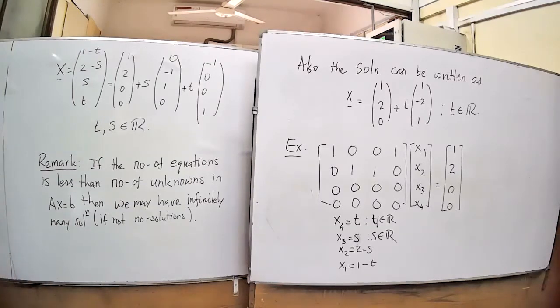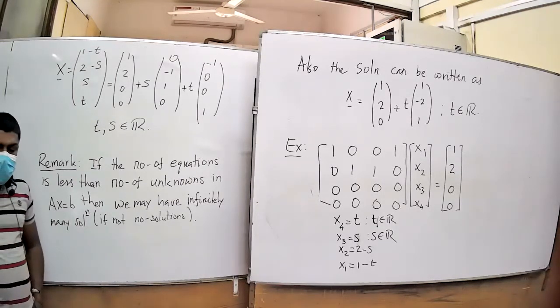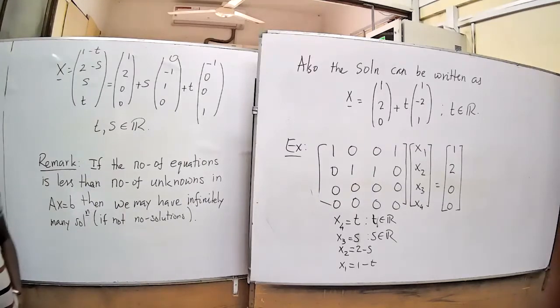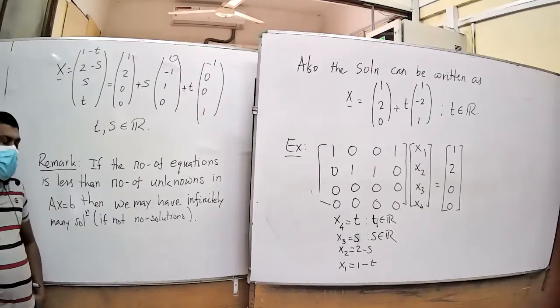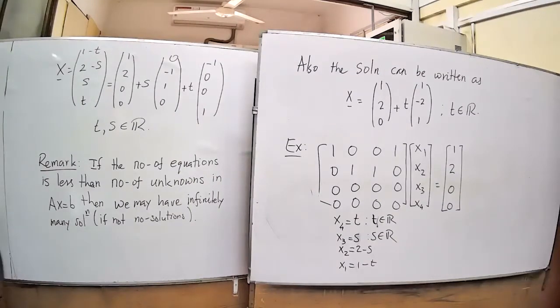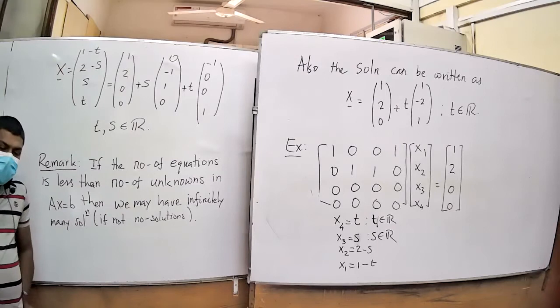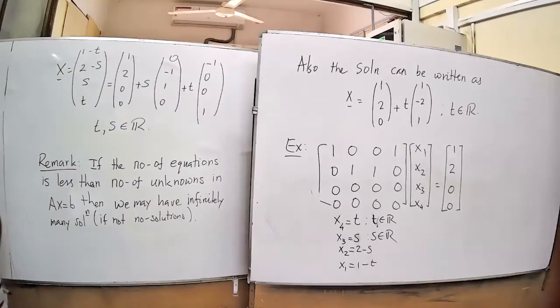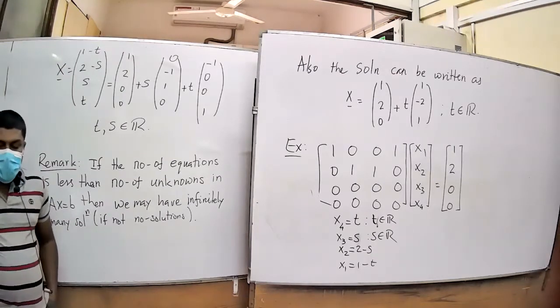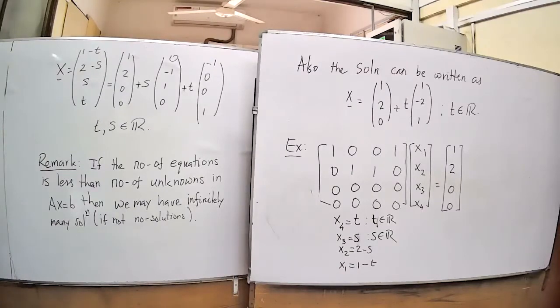So definitely you will end up with 3 equations and 4 unknowns at the end. So when you are solving a system with 3 equations and 4 unknowns, automatically you have one equation less, so definitely you have to go for the infinitely many solutions case.